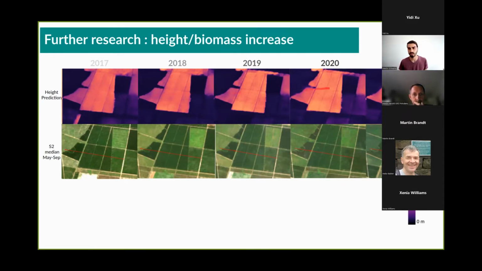We can see that through time it's brighter and brighter, and so this could be a signal of tree growth. And so maybe in further research, we could have a tree growth map, like a yearly tree growth map, that could be very interesting also to relate to biomass maps, because if the trees are growing, also biomass is growing.